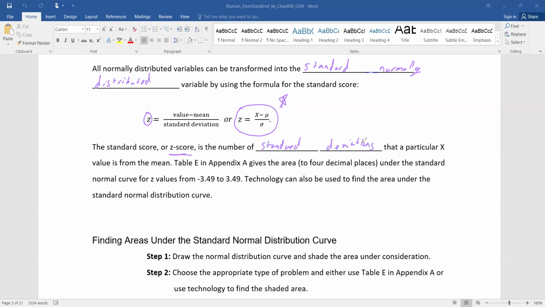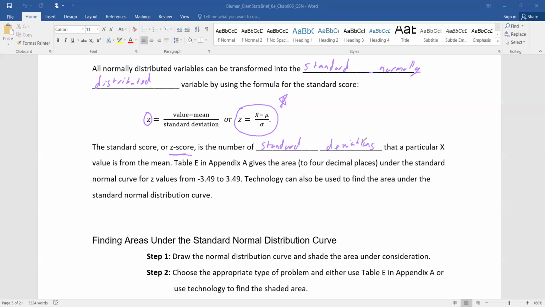Table E in Appendix A will be huge for you, so make sure you have that marked in your book or flagged in the ALEKS program. Again, I do have it where the formula should pop up as an option for you because you'll be using this a lot.